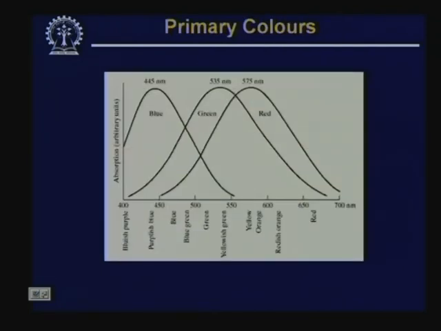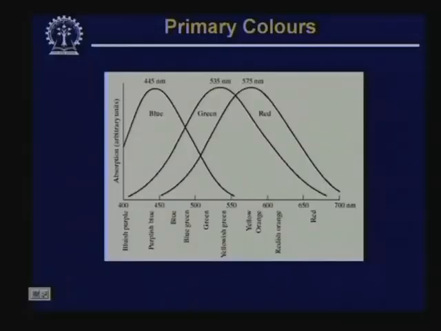Out of this we normally take three color components, red, green and blue, as the primary color components, because in our eye there are three types of cone cells which are responsible for color sensation.